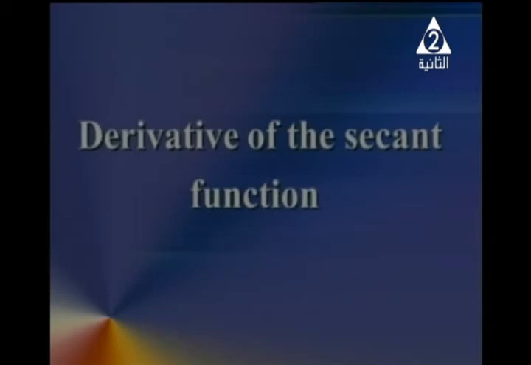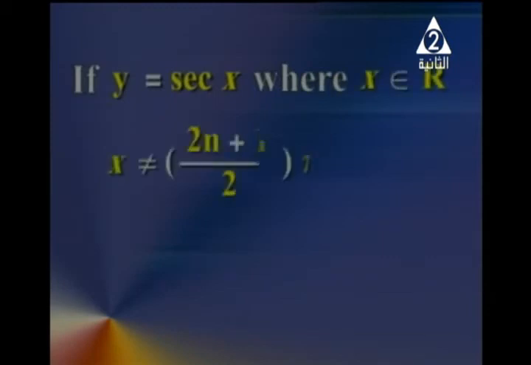Derivative of the sec function. What is sec? Sec is the multiplicative inverse of cosine. If y equals sec x, where x belongs to R and x is not equal to (2n+1) pi over 2, n belongs to Z, what is the differentiation?